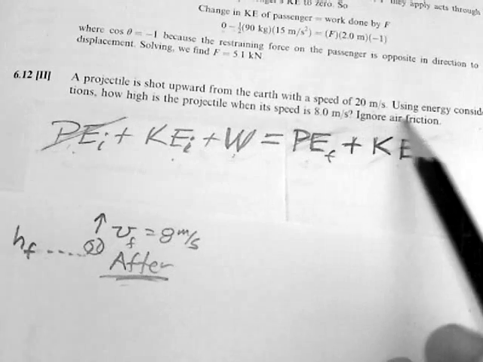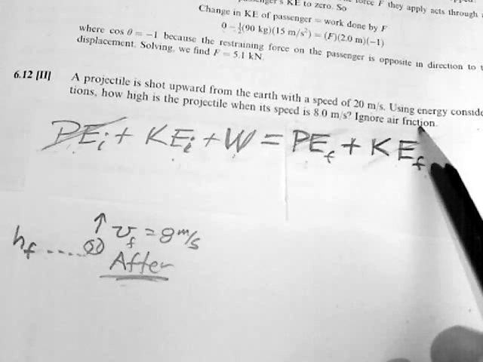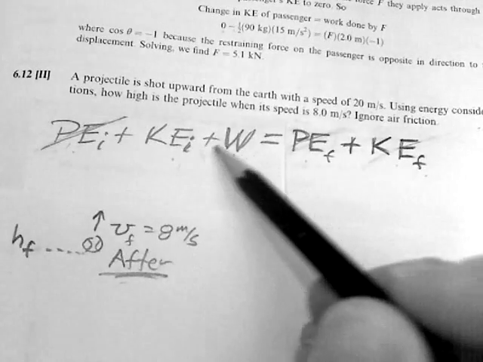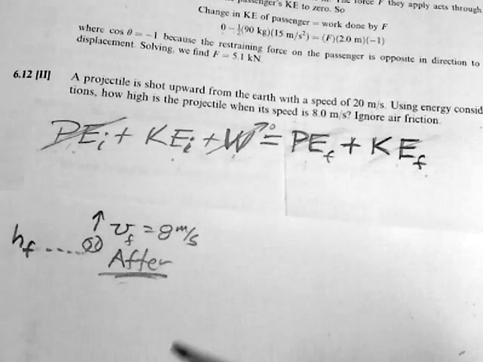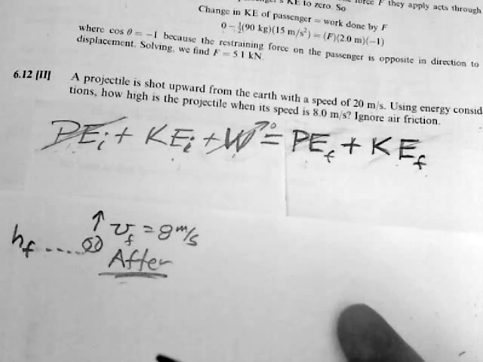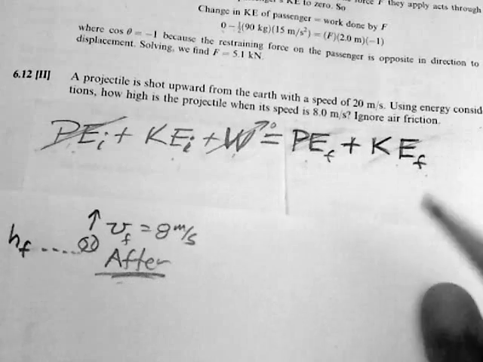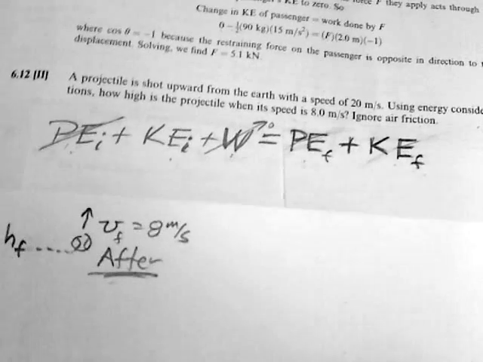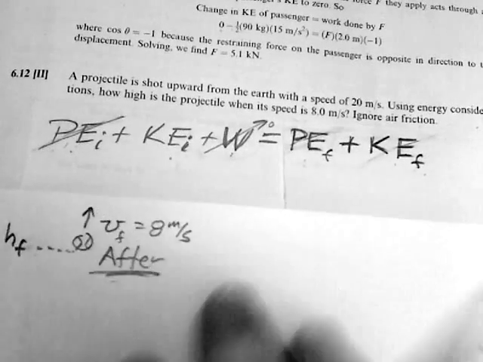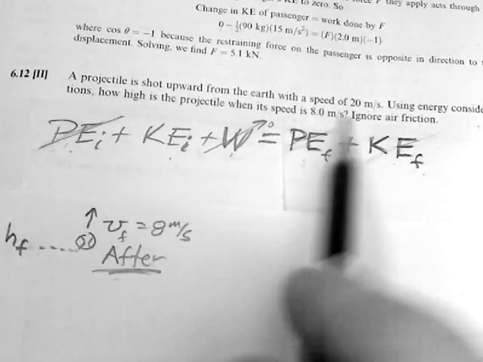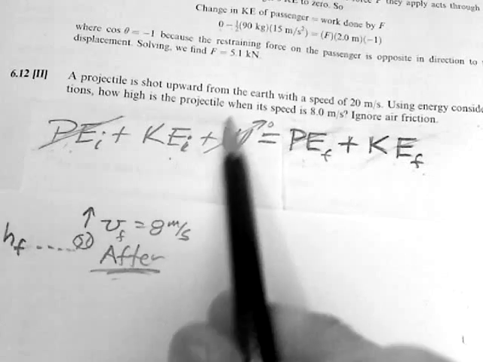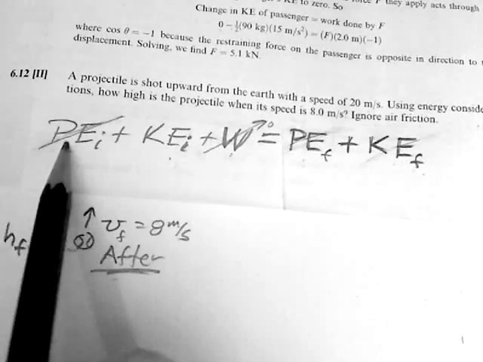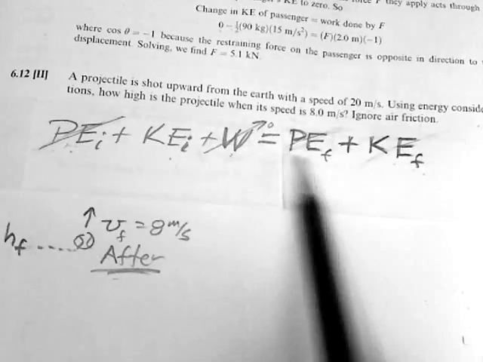Because it says ignore air friction, you can say that the work is 0. That is because the only other force besides friction could be that due to gravity. Well, it is gravity. That is one of the forces that's acting on it. There's no friction here. But the reason why we don't put gravity in here is because we've already accounted for it in our potential energy.